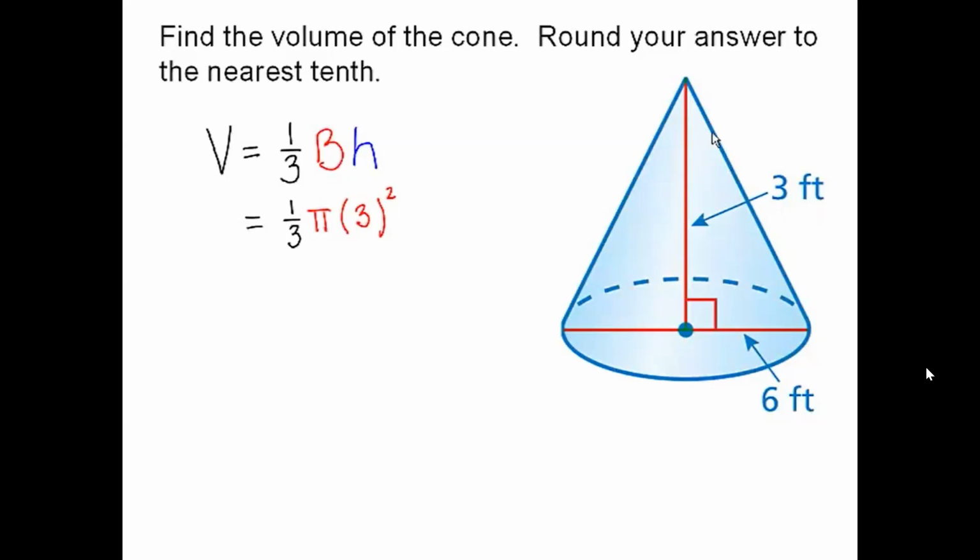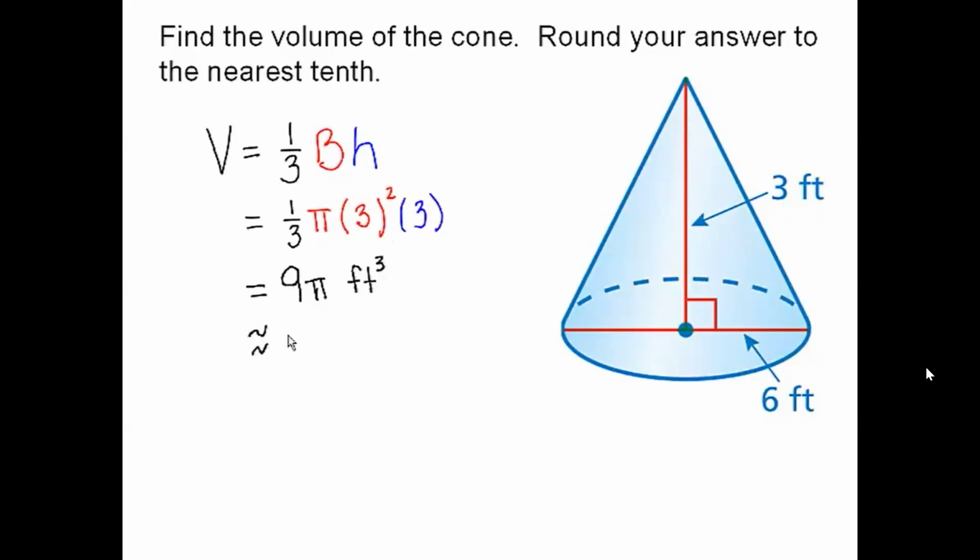We see that the height is 3 feet, so we can multiply by 3. Now we're ready to simplify. Notice we have 1/3 times 3. When we do this multiplication, we get 1. Then we have 1 times 3 squared, which is 9. So we have 9 pi cubic feet as the volume.